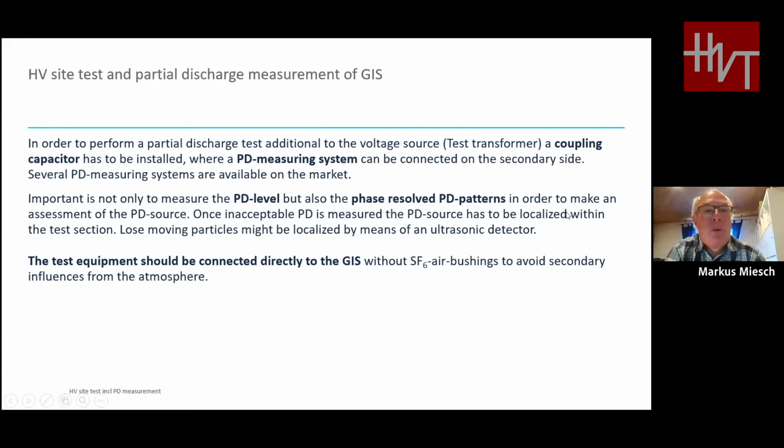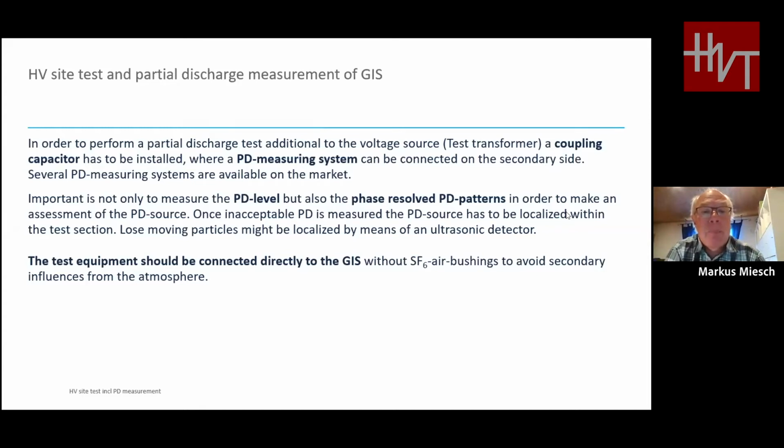In order to perform a partial discharge test, additional to the voltage source, a test transformer, for example, a coupling capacitor has to be installed, where the PD measurement system can be connected. On the secondary side, several PD measuring systems are available on the market. Important is not only the measurement of the PD level, but also the phase-resolved PD patterns in order to make an assessment of the PD source.